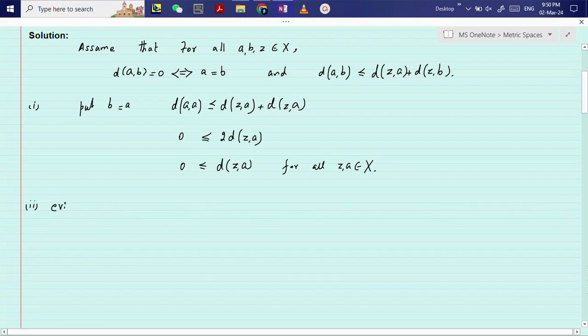So you just write here the second property is evident, so we need not prove it here.